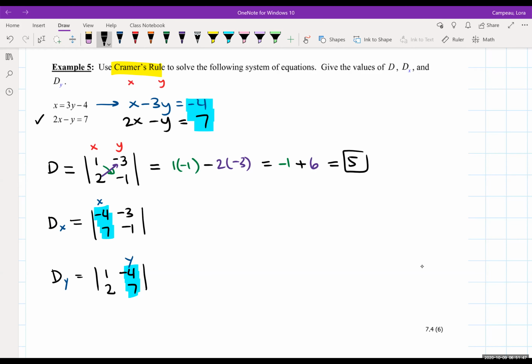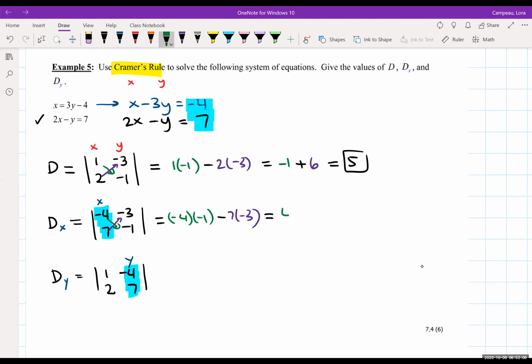Now, next stage, same thing, determinants. -4 times -1. Subtract off 7 times -3. So let's simplify that just a little bit.